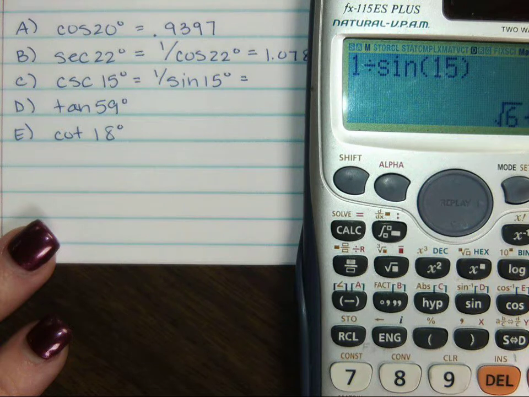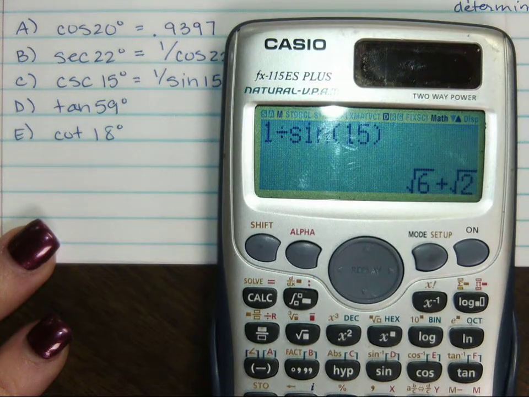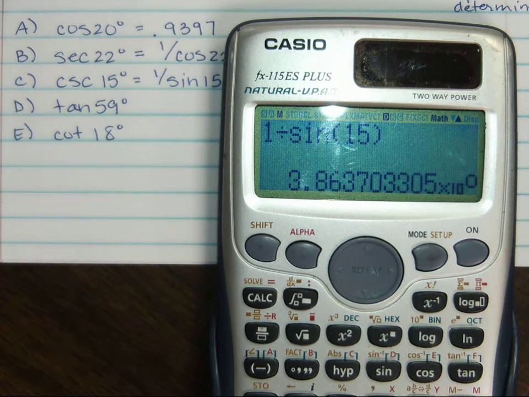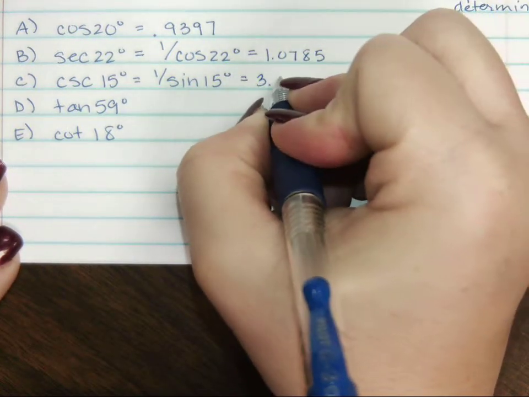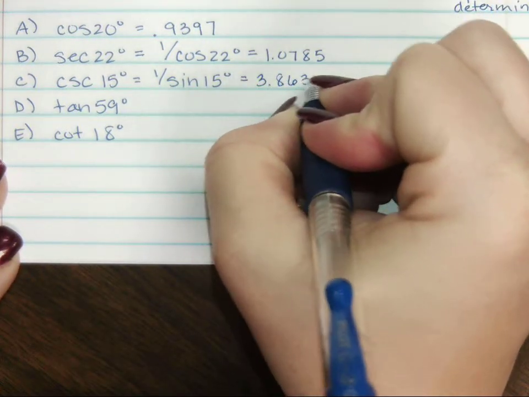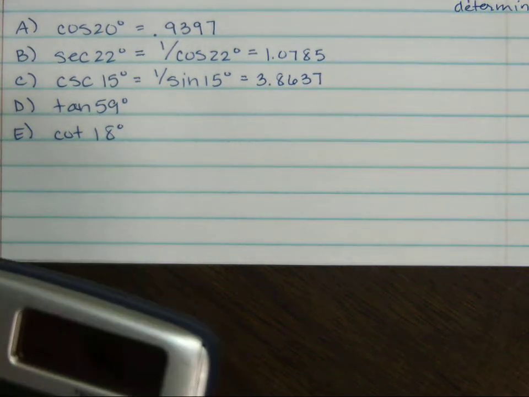So some of these calculators you're going to get, look at this, it gave me an exact value with radicals. So I'm going to have to change this. Let me see. I should get 3.8637. All right, so just take your time.